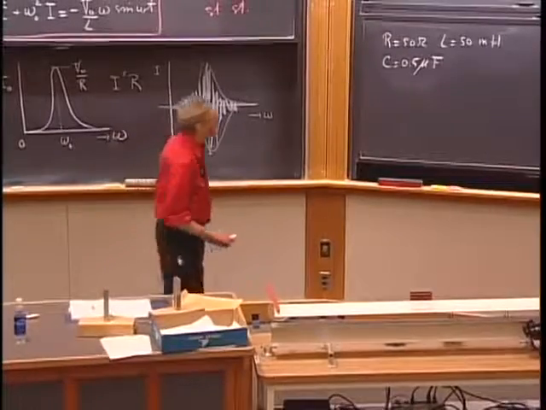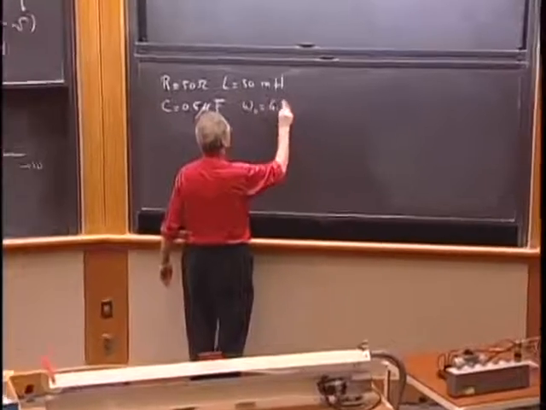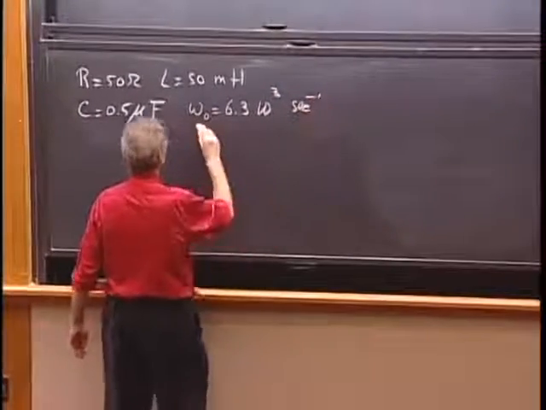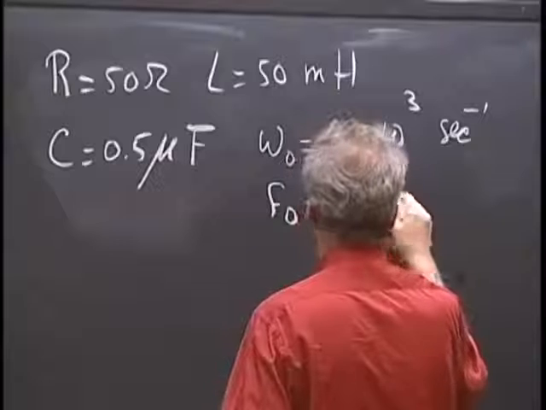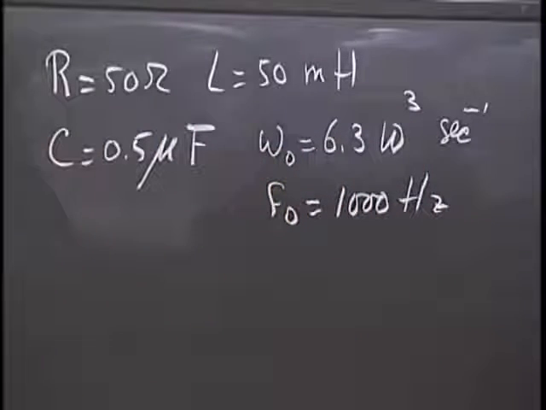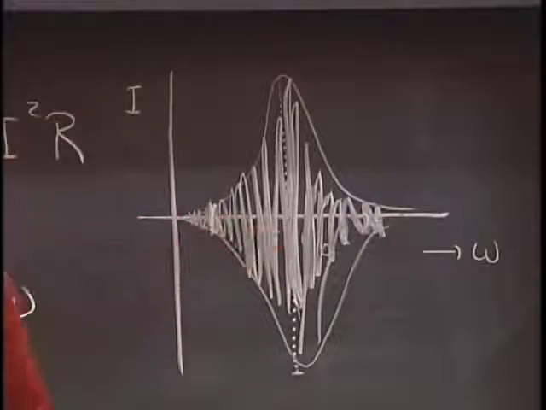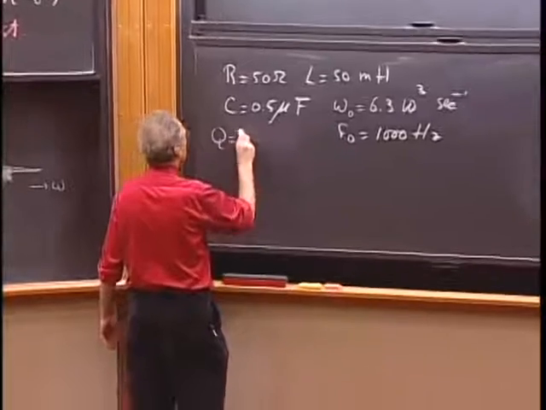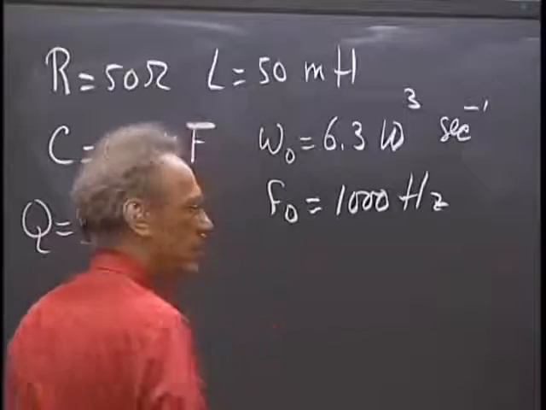Omega 0 is now 6.3 times 10 to the third, in radians per second. So f0 is about 1000 hertz. And we're going to sweep it from 0 over 1000, which is resonance, to about 2000, and then we sweep it back. And so the Q of this system, which is omega 0 divided by gamma, is about 6.3.